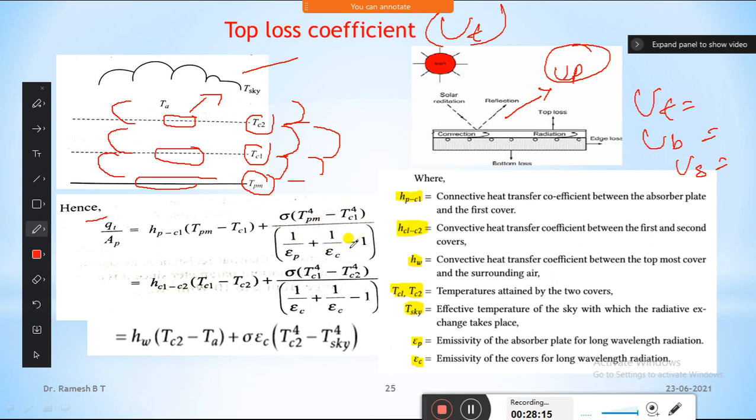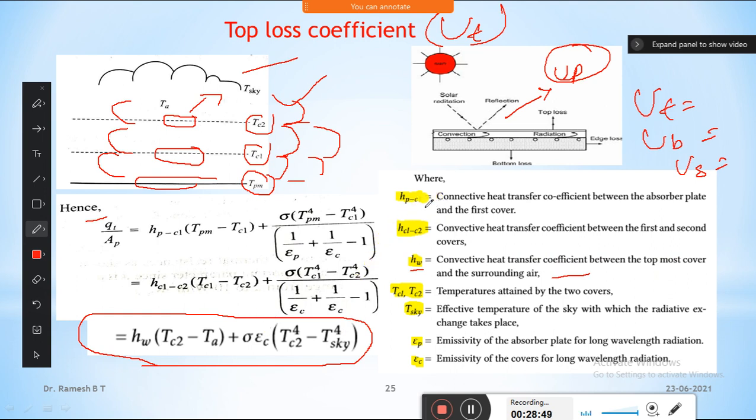By reducing this equation, we can finally write it as hw into (Tc2 minus Ta) plus sigma epsilon c (Tc2 to the power of 4 minus Tsky to the power of 4). Here hw means the convective heat transfer coefficient of the topmost cover with the surroundings.